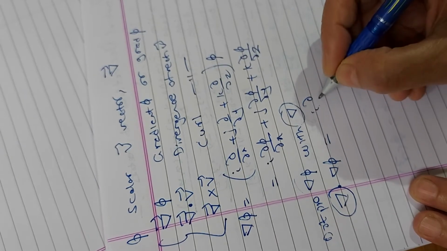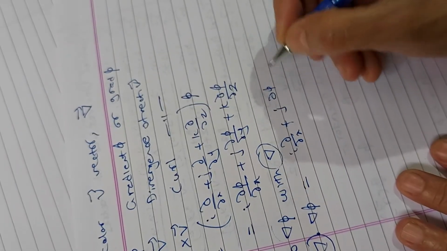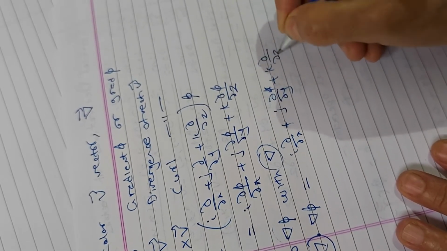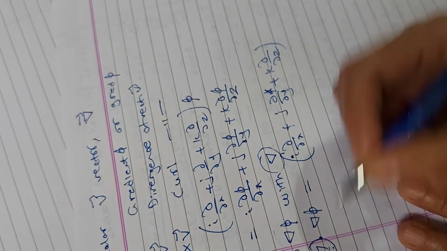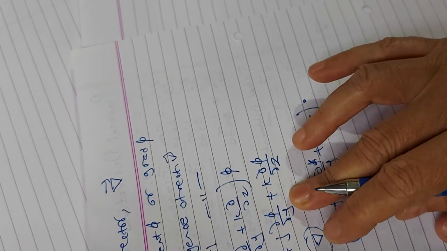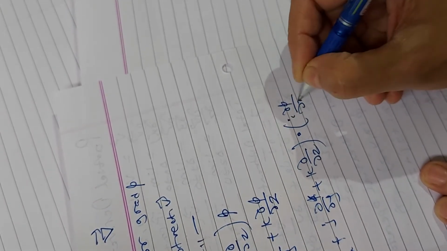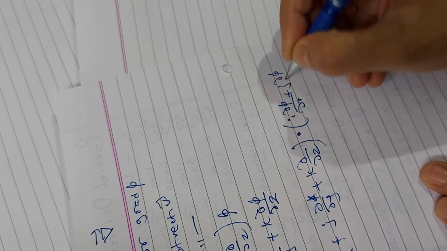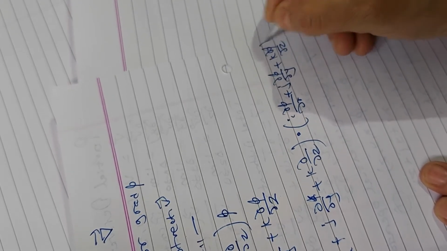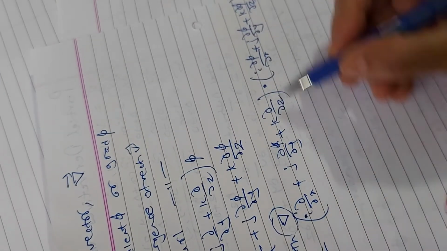What is the value? i ∂/∂x plus j ∂/∂y plus k ∂/∂z. I am ready with del dot this term, what I just discussed, correct? So I'll say i ∂phi/∂x plus j ∂phi/∂y plus k ∂phi/∂z, correct?